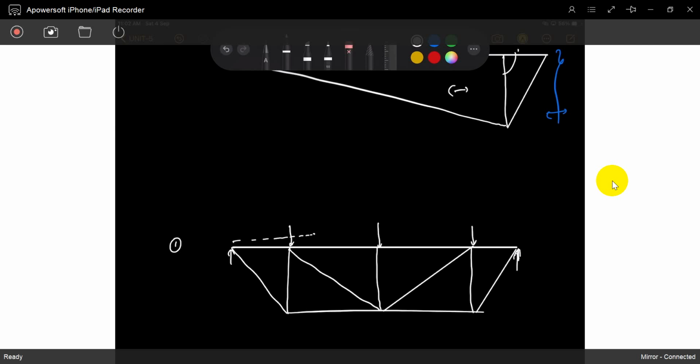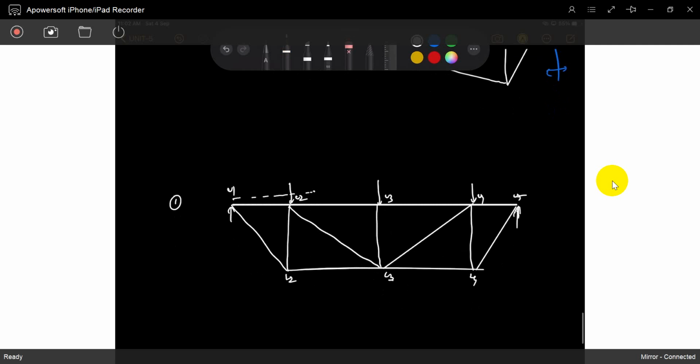Same thing. So L1, L2, L3, L4 are the lower joints, and now the upper ones are U1, U2, U3, U4, U5. Everything is 5 meters: 1, 2, 3, 4, 5 into 4 is 20. The height is also 5 meters.